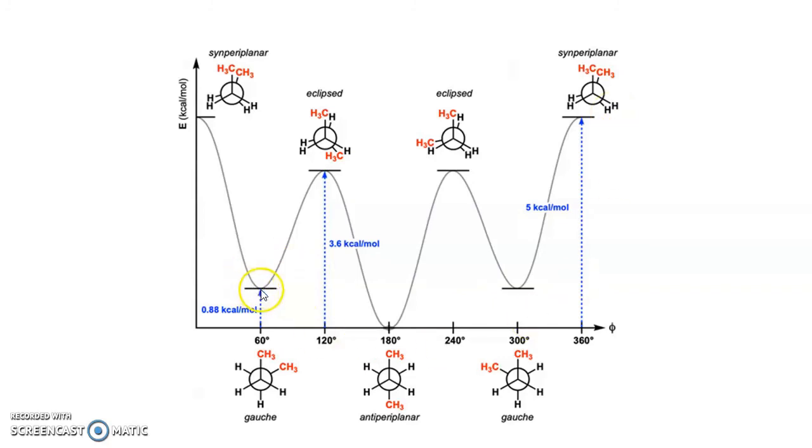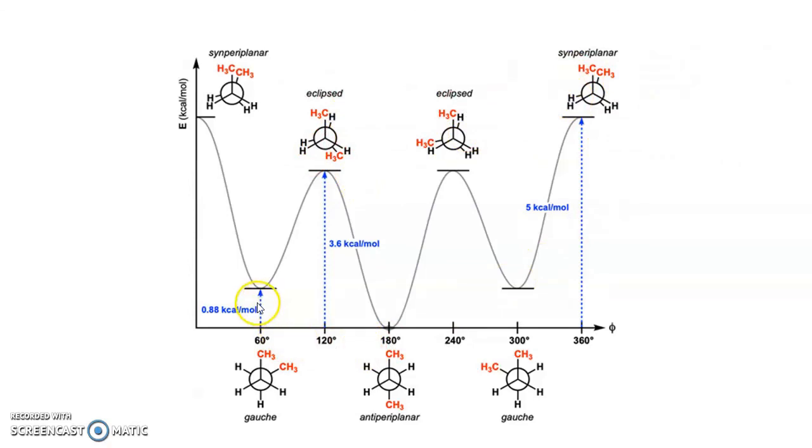So here we have 3 conformers, that is, 3 minima in the energy profile diagram. The conformations corresponding to these 3 minima are called the conformers. So we have 2 gauche conformers and 1 anti conformer. While we have 4 maxima, 2 syn and 2 eclipsed, they are of higher energy.